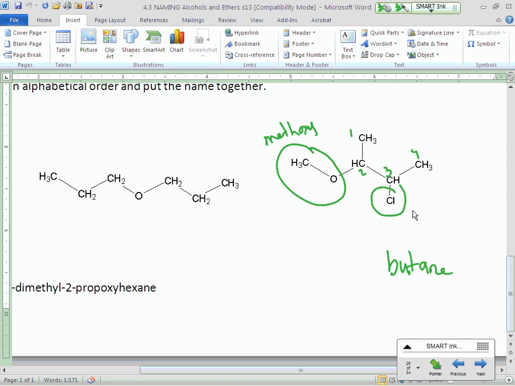And what about this one? Chloro. What comes first? Chloro is going to go first in the name because of alphabetical. So 3-chloro-2-methoxy, and then that rolls right into the butane.